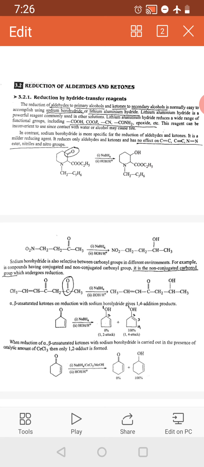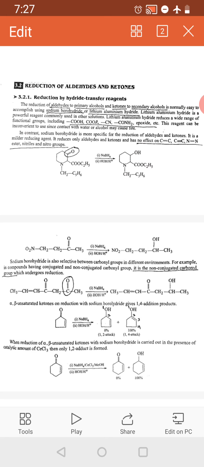The reduction of aldehyde to primary alcohols and ketones to secondary alcohol is easy to accomplish when we use these hydride transfer reagents. Lithium aluminum hydride is a powerful reagent, and this is commonly used in ether solution because it is sensitive to alcohol and water, and if it comes in contact with alcohol or water it causes fire.